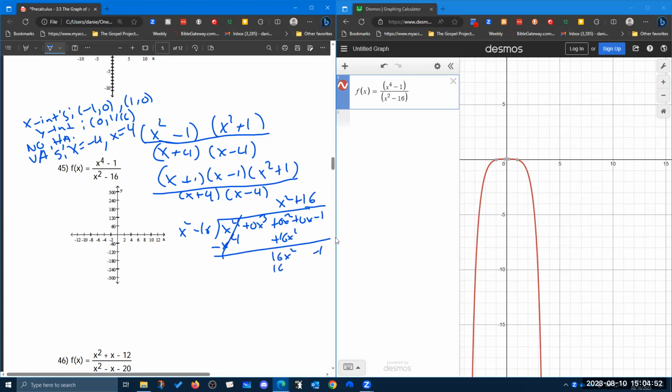Plus 16. Change my signs and add. I really don't care about my remainder. I only care about the oblique asymptote at y equals x squared plus 16. So I'll put that on my graph now.